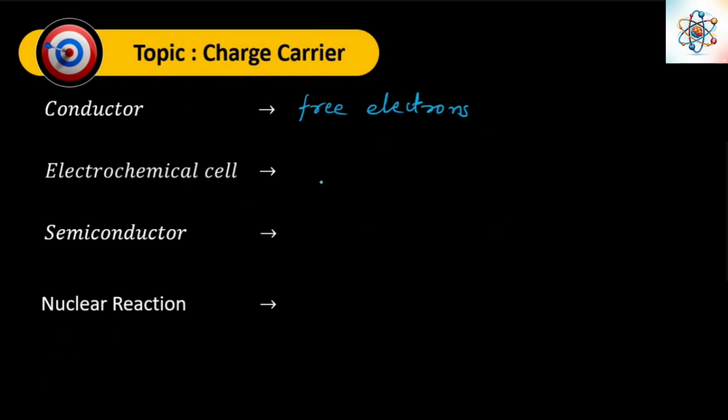Electrochemical cells have ions present in them as charge carriers. In semiconductors, holes and electrons are the charge carriers. In nuclear reactions, we have several particles, neutrino, antineutrino, something like that. We'll be learning about these in the last unit of this entire course.